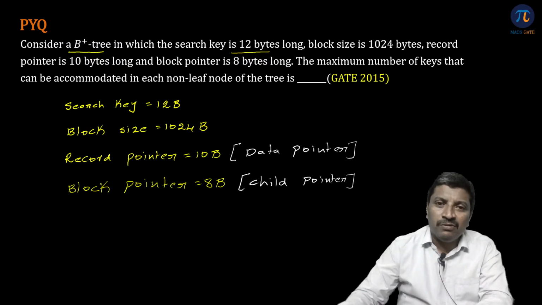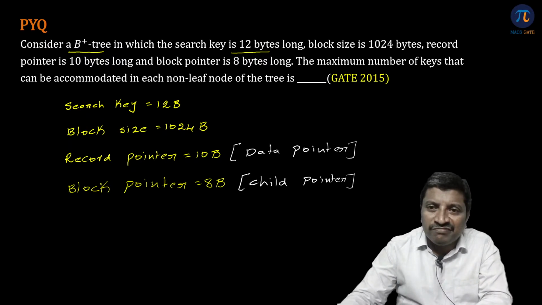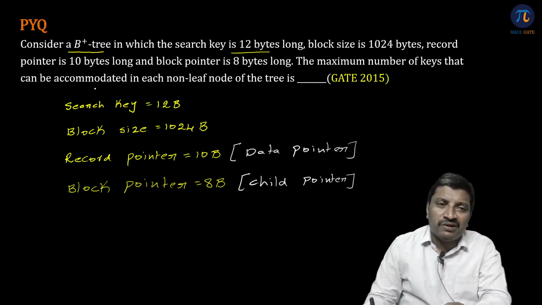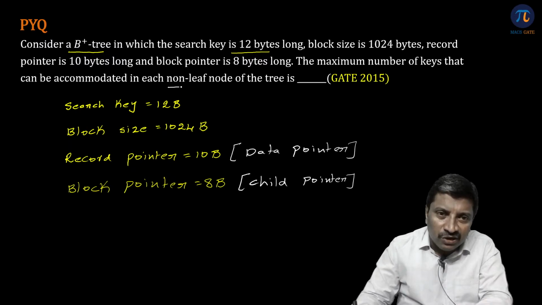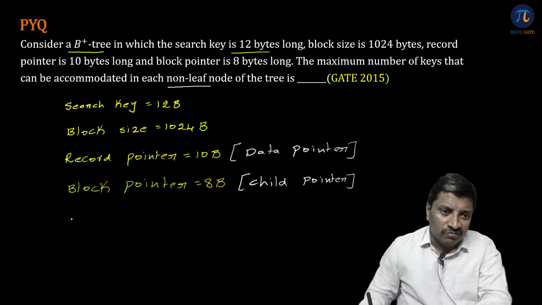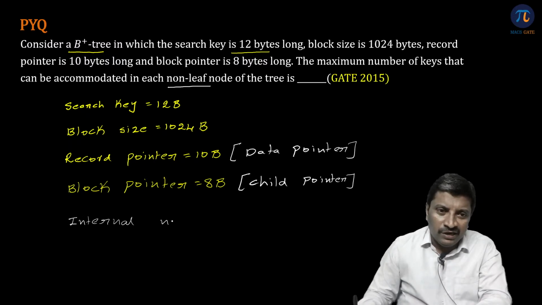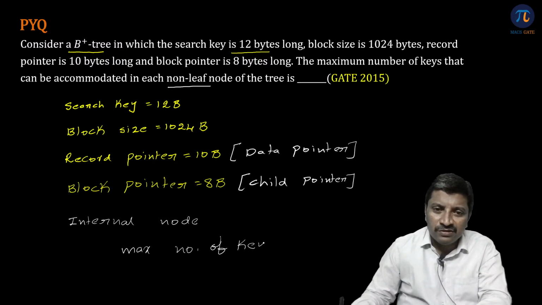Fine. Now the maximum number of keys that can be accommodated in each non-leaf node. So the task is we need to find the internal node. In internal node, what you supposed to find, sir? Maximum number of keys.